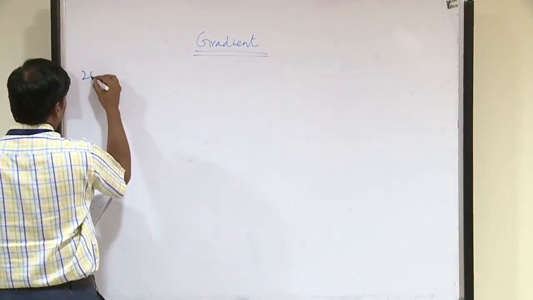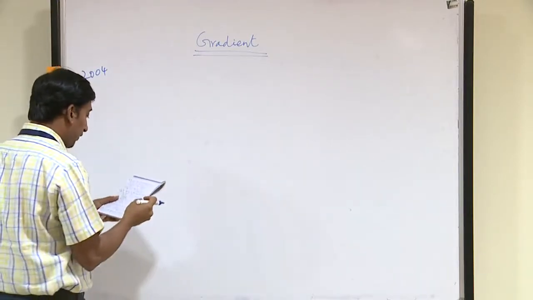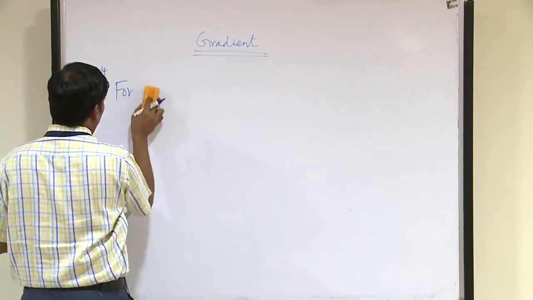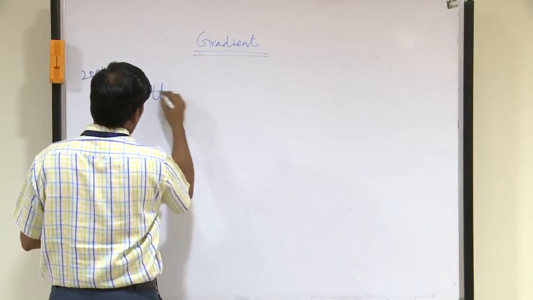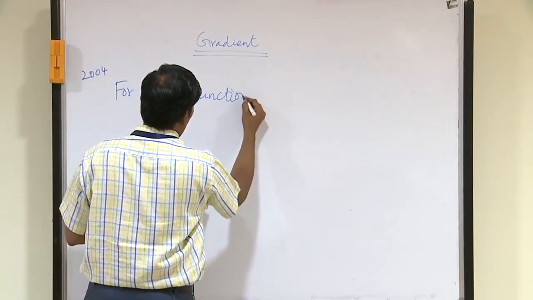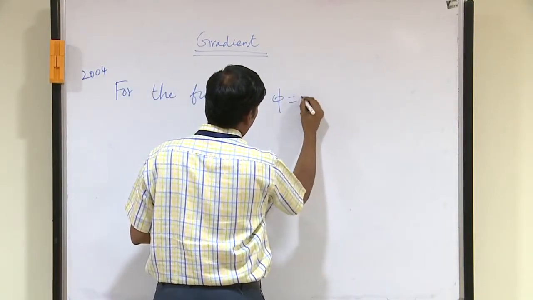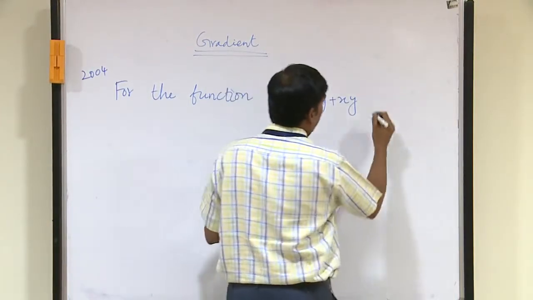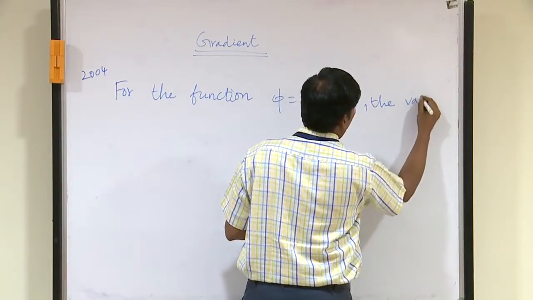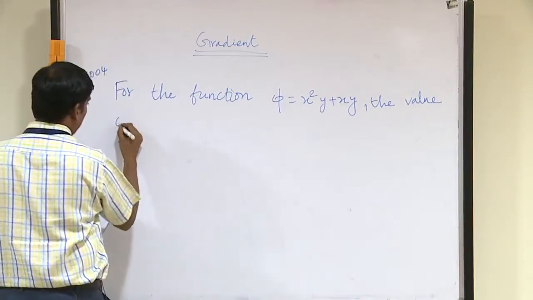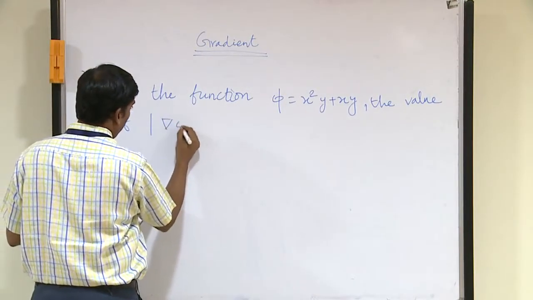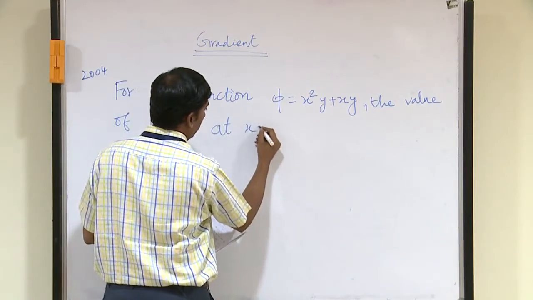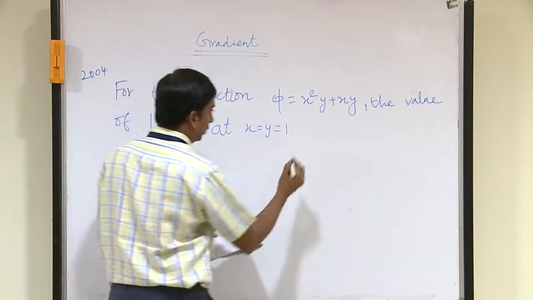This question appeared in 2004. For the function phi, which is x square y plus xy, the value of the modulus of gradient of phi at x equal to y equal to 1 is.